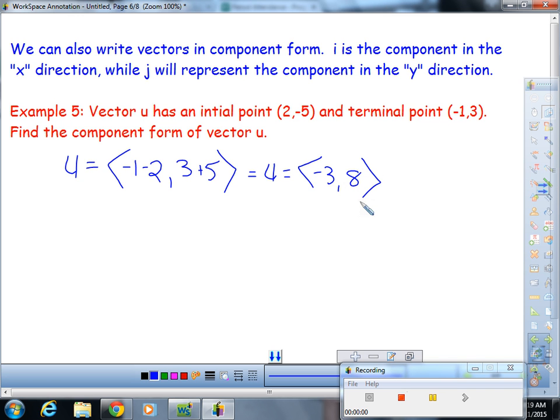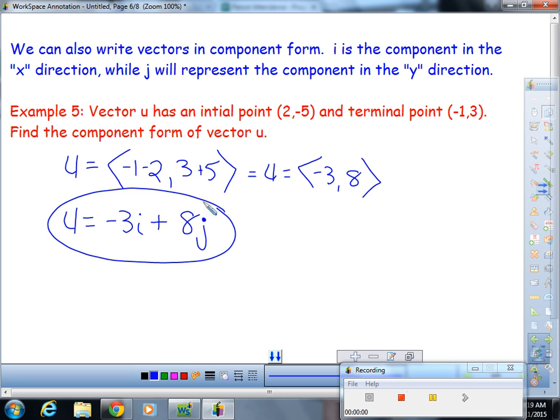In component form, we would write u as negative 3i plus, so 3 units to the left in the i direction, and then 8 units vertical in the j direction. So this is just notation stuff you'll get used to. Just so you know, this and this are not the same thing.